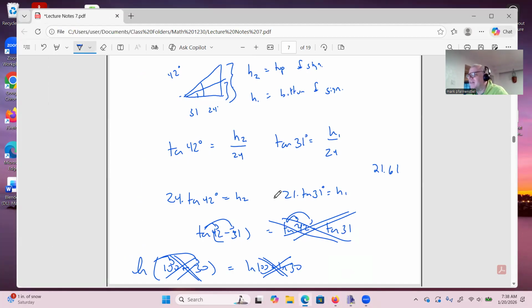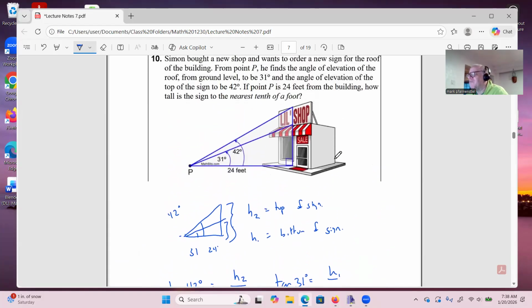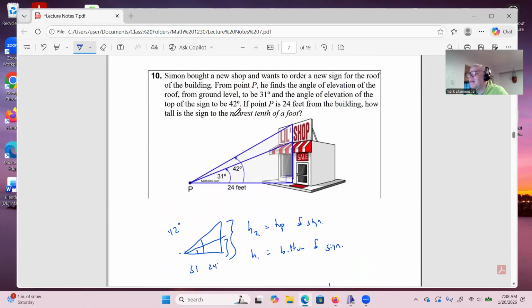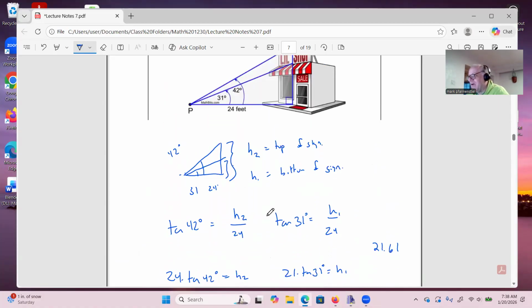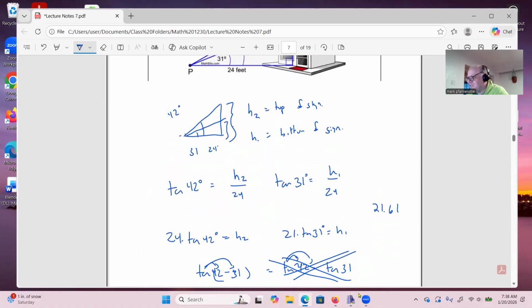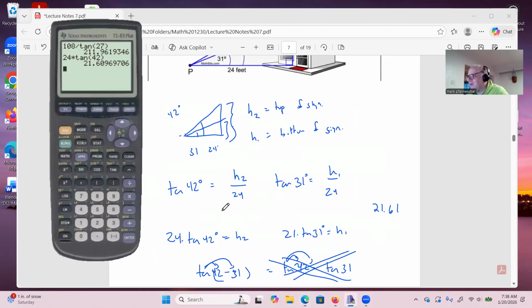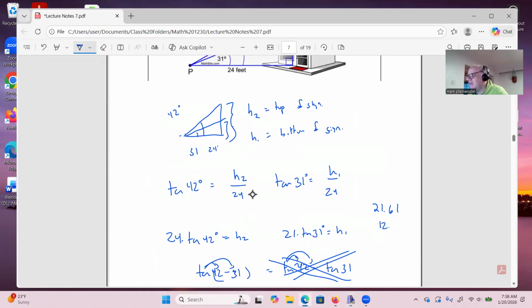We'll round to two decimal places now, and round to the nearest tenth at the end. In H1, that's going to be 24 times the tangent of 31. So there we go. That was 12.61. That worked out pretty well.